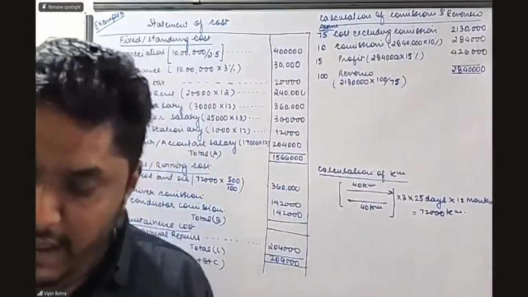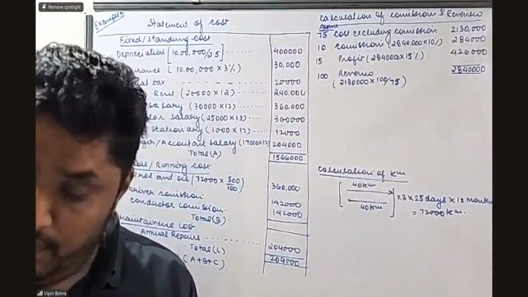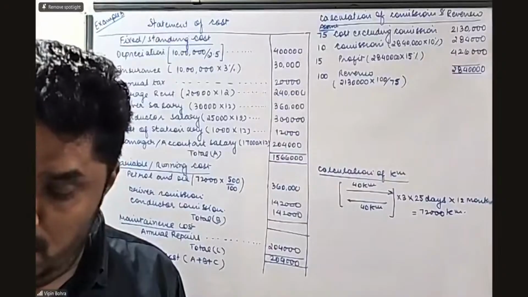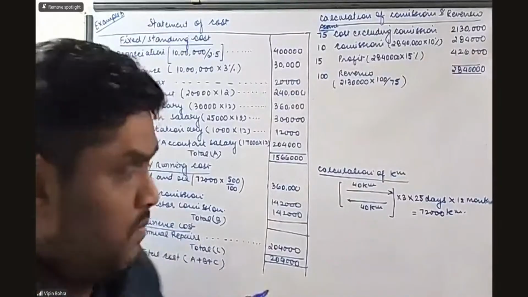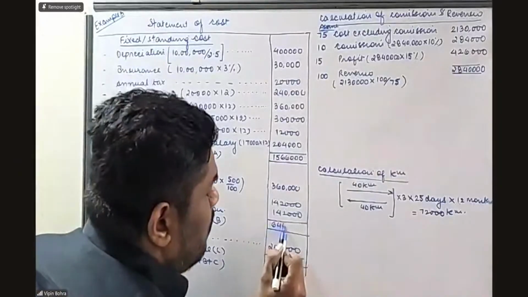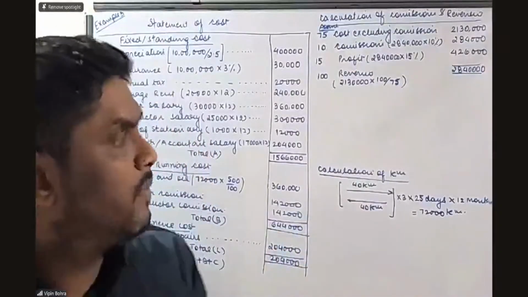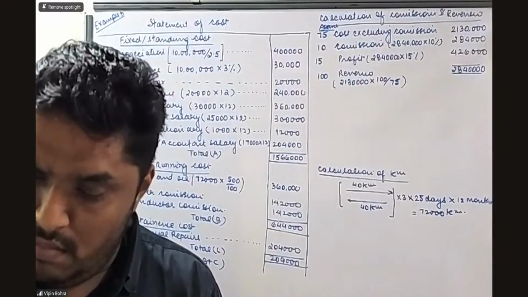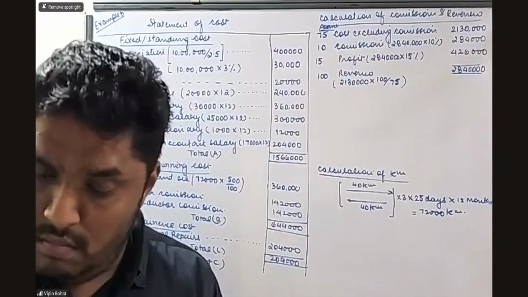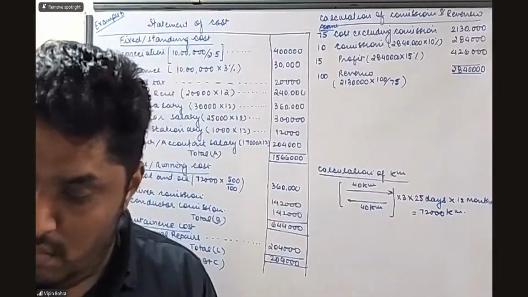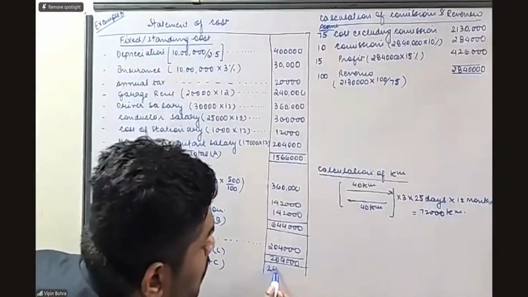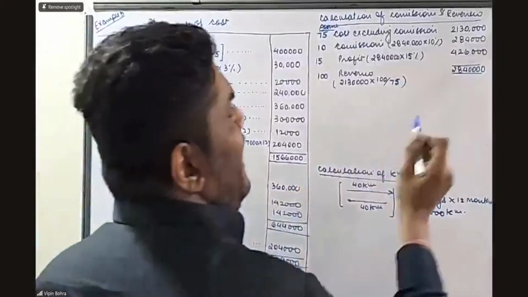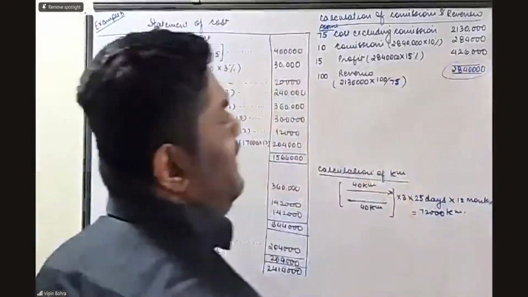So we will be able to get the total cost also. So we have the total revenue figure that is 28,40,000.